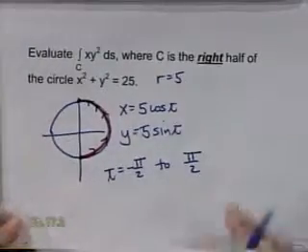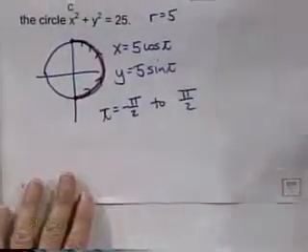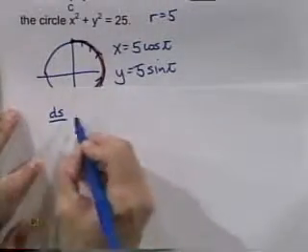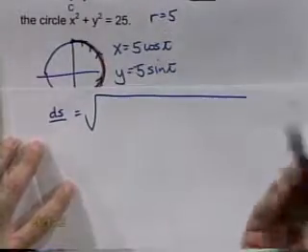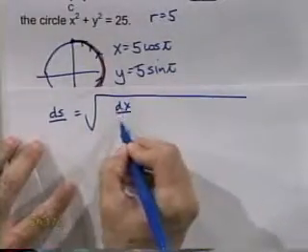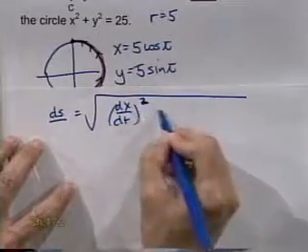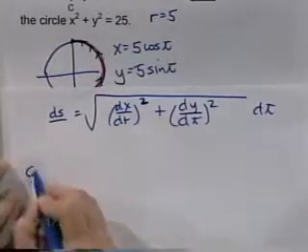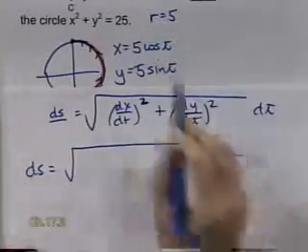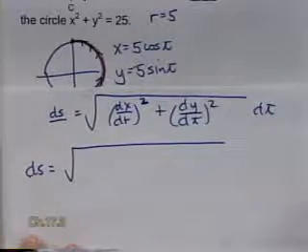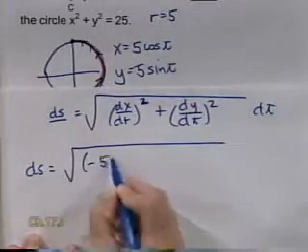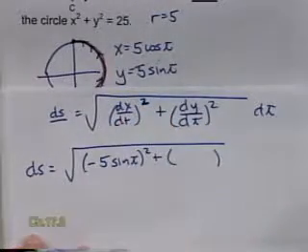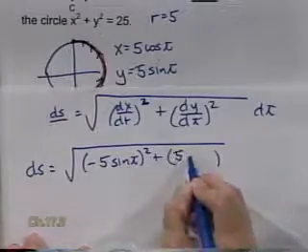Okay, now before we do our substitutions, we've got to find out what ds is. So you should be getting real good at this. ds is equal to the square root of dx dt squared plus dy dt squared times dt. And guess what? When we throw in a z there, you just throw in the dz dt squared. So my ds is the square root of, well, if x is 5 cosine t, what's dx dt? Minus 5 sine t. And if y is 5 sine t, what's dy dt? 5 cosine t.